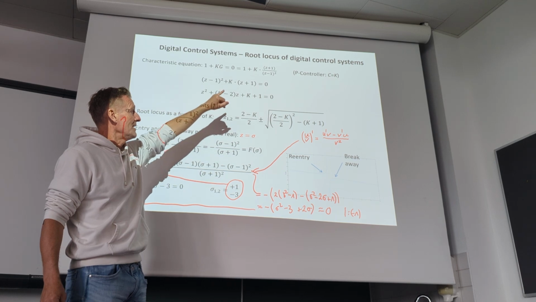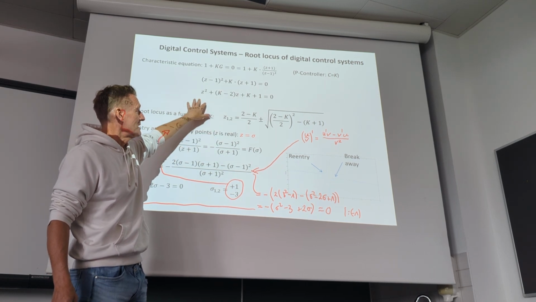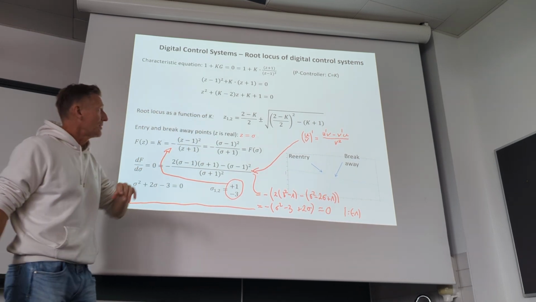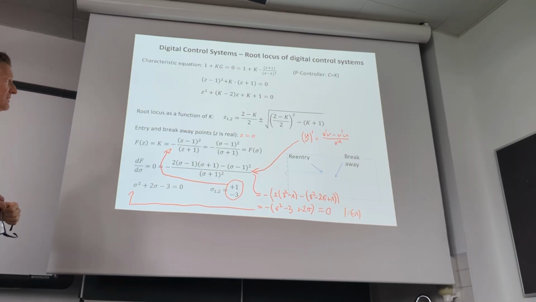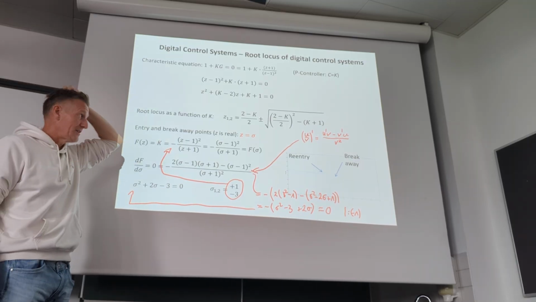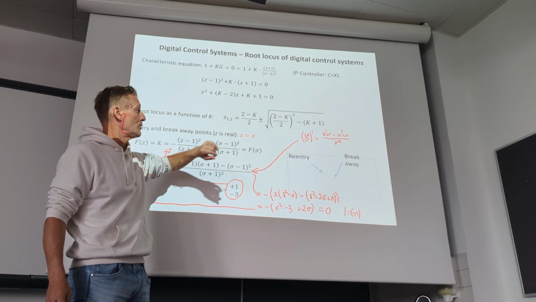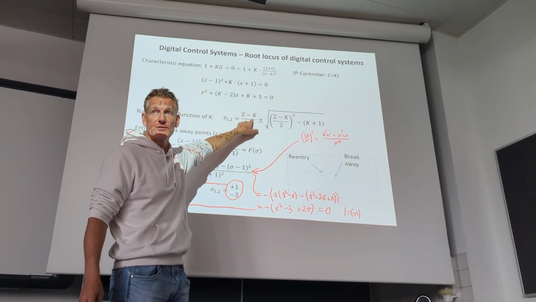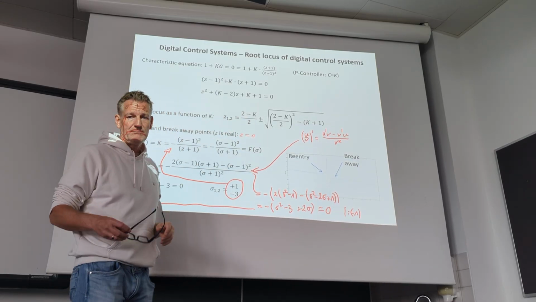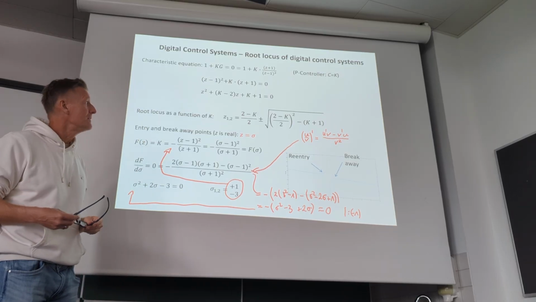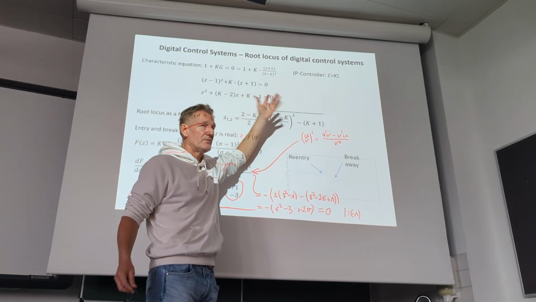We put in the transfer function G(z), so that we had a second order polynomial in z, and with a related formula we could calculate the location of the closed loop poles as a function of our controller parameter k, which is part of the formula.